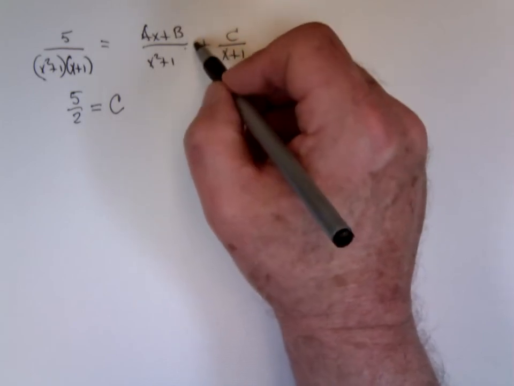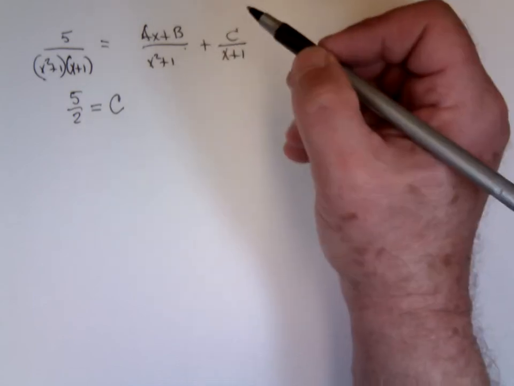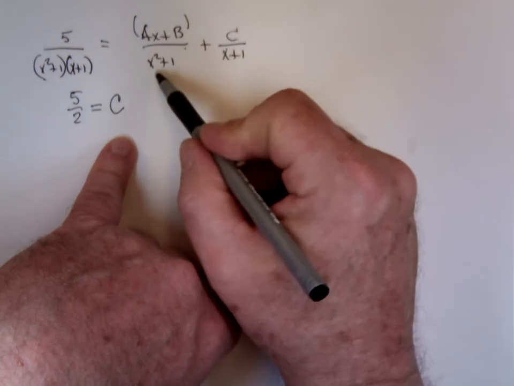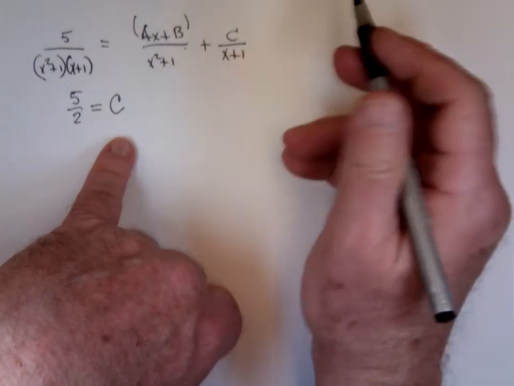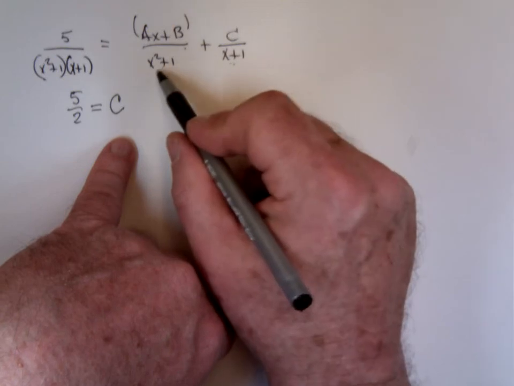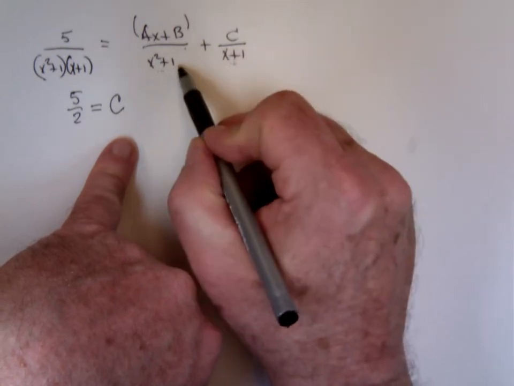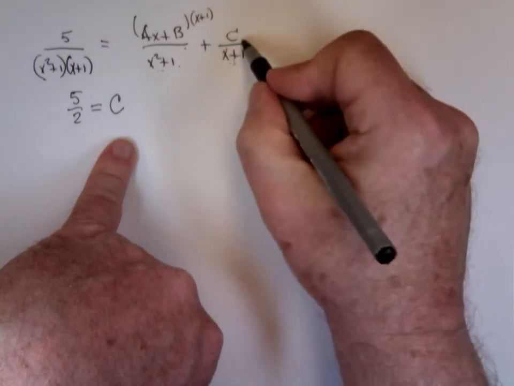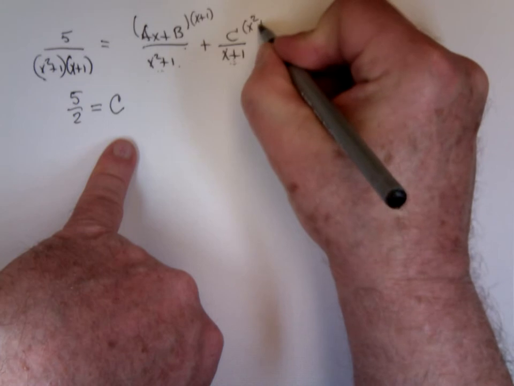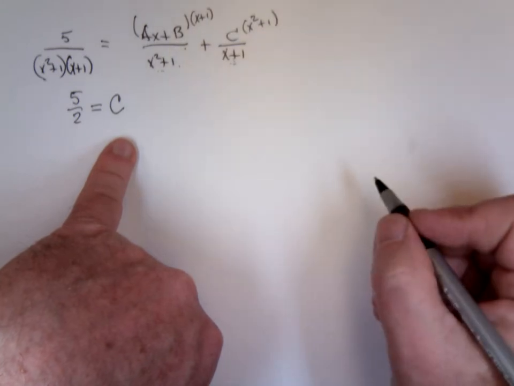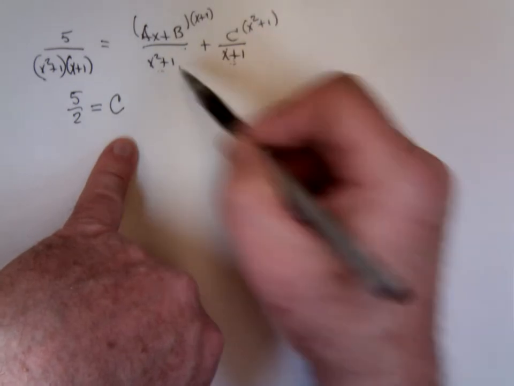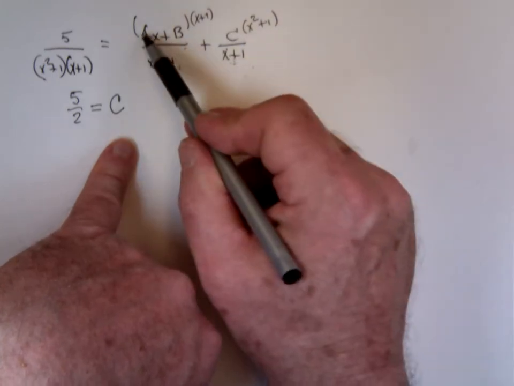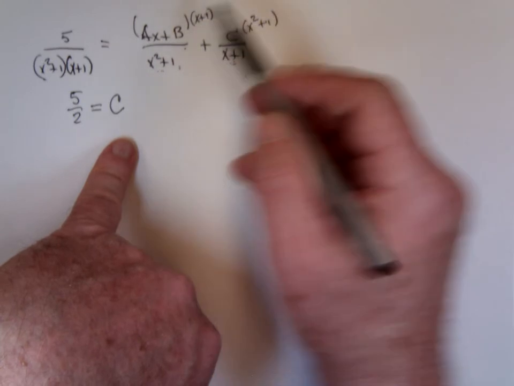Okay? Now, a and b, let's see what we'd have to do. The LCD of these denominators is their product. This one would have to get multiplied by x plus 1, and this one would have to get multiplied by x squared plus 1. I'm going to have an ax squared when I multiply this out, and a cx squared when I multiply this one out.